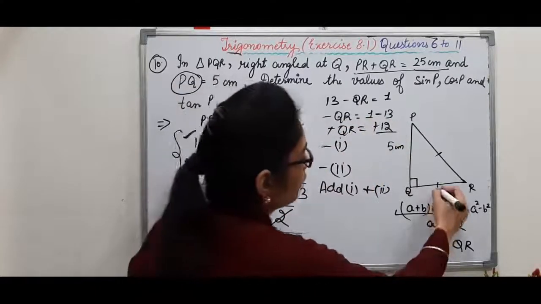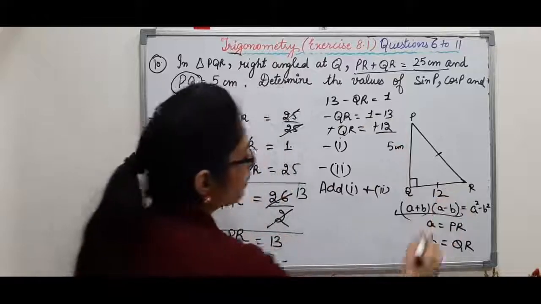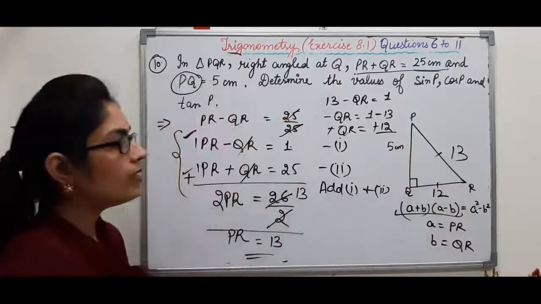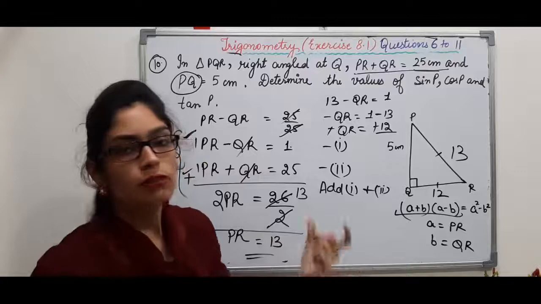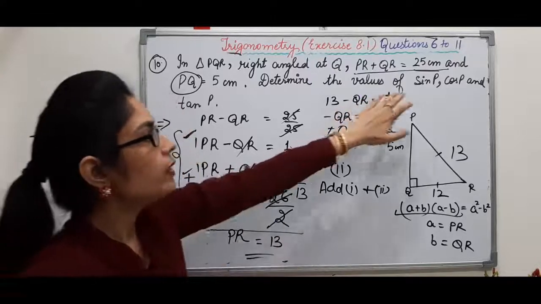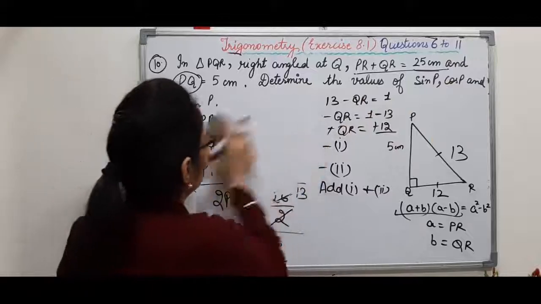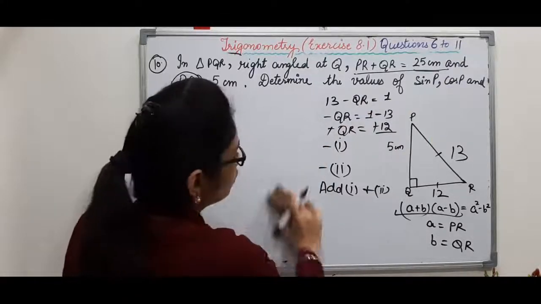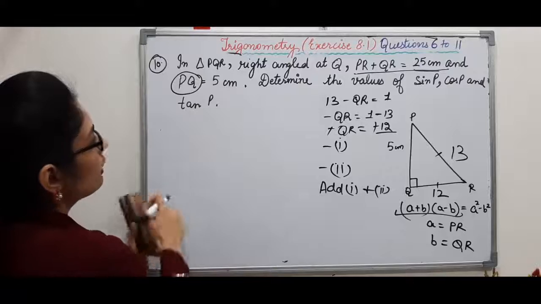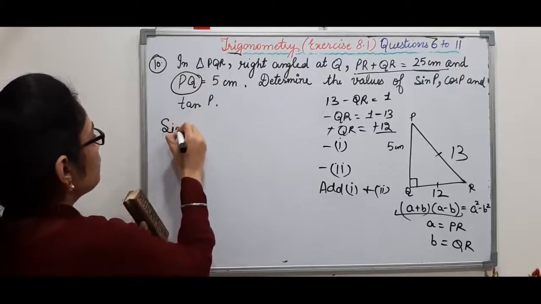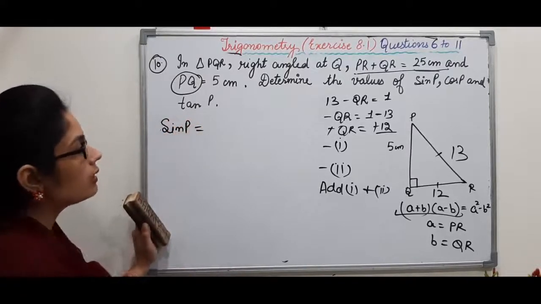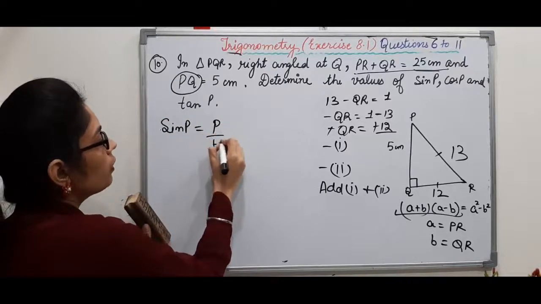So QR is equal to 12 and PR is equal to 13. Now we have the values of all three sides of the triangle, so easily we can find the values of sin P, cos P and tan P. With respect to P, sin P is perpendicular upon hypotenuse.